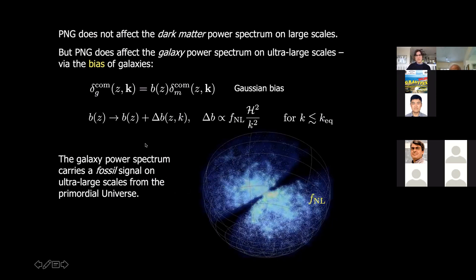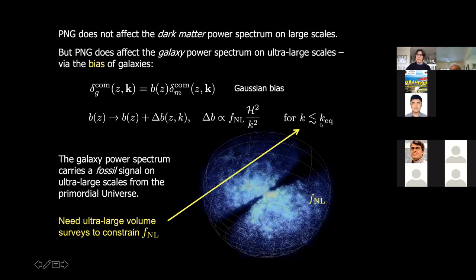So this fossil signal is what we're talking about. It's sitting in the galaxy distribution via the modification of the bias of galaxies relative to dark matter. And because it only has a non-negligible signal on ultra-large scales, you need ultra-large volumes in your galaxy survey to access this signal.